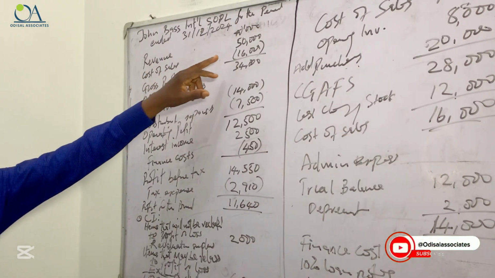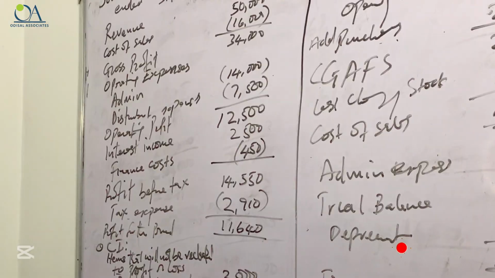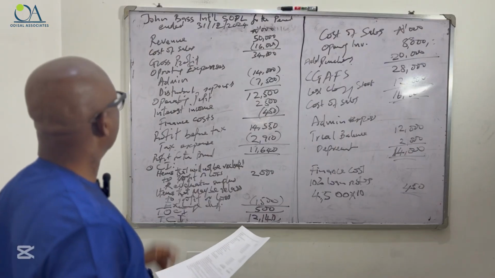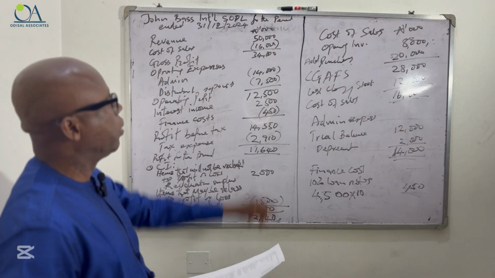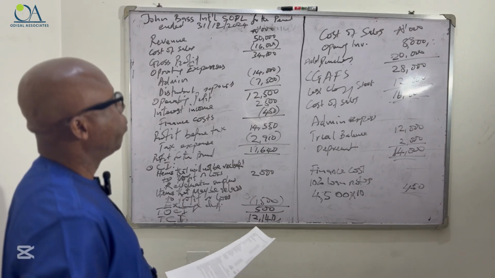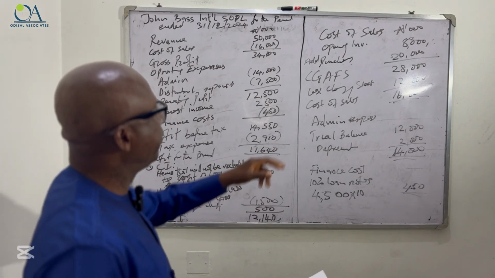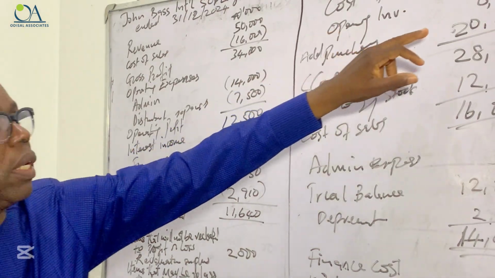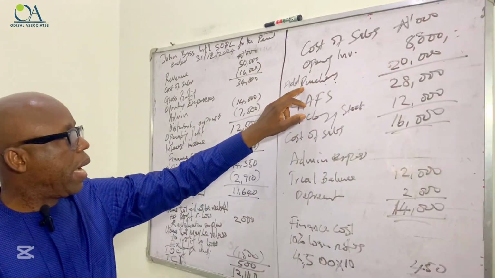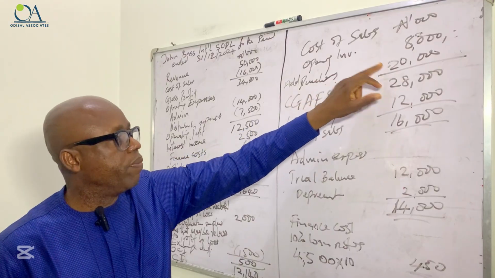Revenue, 50 million. It is given in the question. Cost of sales, 16 million, is not given, but we have to work it out. Of course, we have opening inventory, which is 8 million, and we add purchases, 20 million.